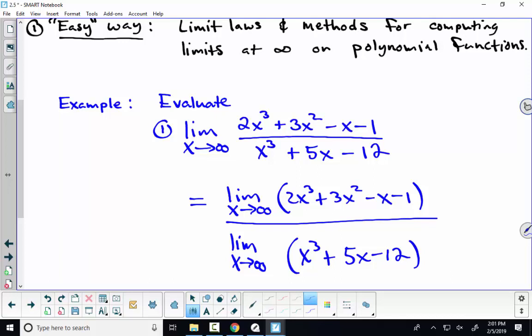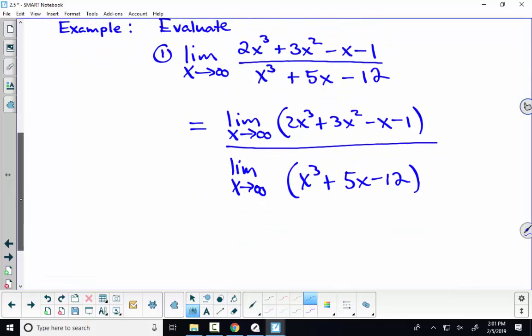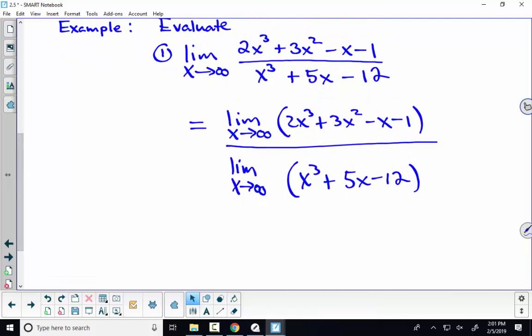So now what we're looking at individually, numerator and denominator, is the limit at infinity of a polynomial. The numerator is a polynomial, the denominator is also a polynomial, and we've already addressed how to evaluate those limits.